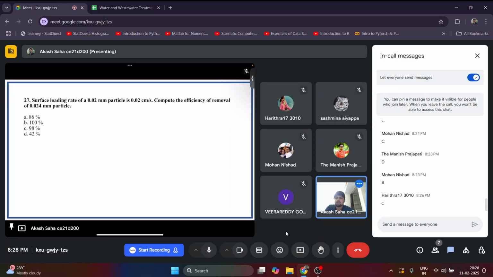Now the next problem. Surface loading rate of a 0.02 mm particle is 0.02 centimeter per second. Compute the efficiency of removal of a 0.024 mm particle. Whether it will be 86, 100, 98 or 42. So the surface overflow rate is given.